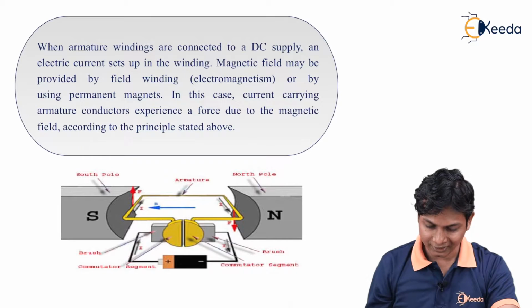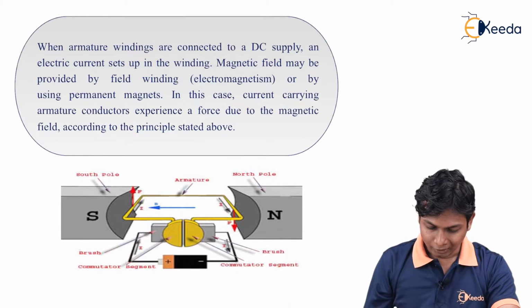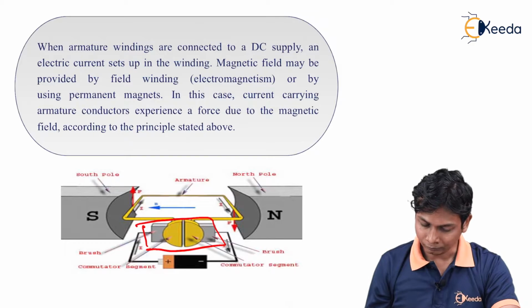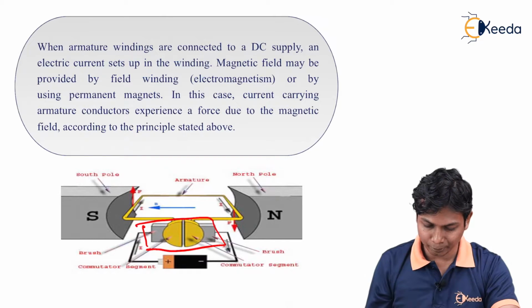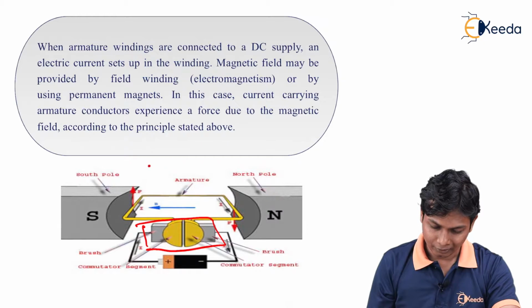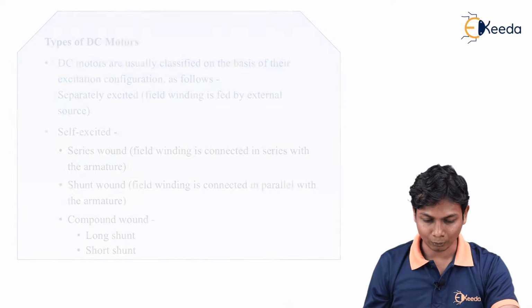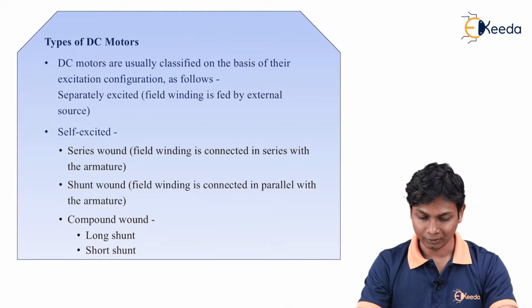Here are the brushes, and the armature is connected with the power supply by brushes in between. So when a current flows through this armature, it experiences a force in the upward direction.